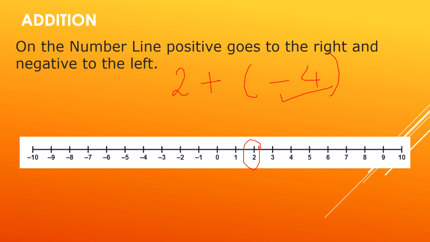This is minus 4, that means you will move backward, not forward. When we say backward, you are moving to the left. So 4 units to the left of 2. 1, 2, 3, 4. You see your answer will be minus 2. So this is how it's easy to understand the addition and subtraction on a number line for integers.